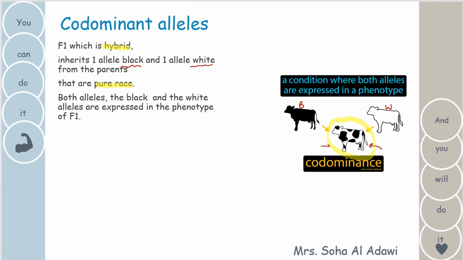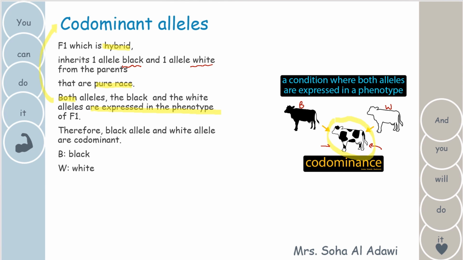Now what we are going to say to justify that this is the case of codominance, we must say both alleles, which are black and white, both are expressed in the phenotype of F1. So if it was red and white I want to see red and white in the offspring, I want to see both colors. Okay? And therefore black and white are codominant alleles.